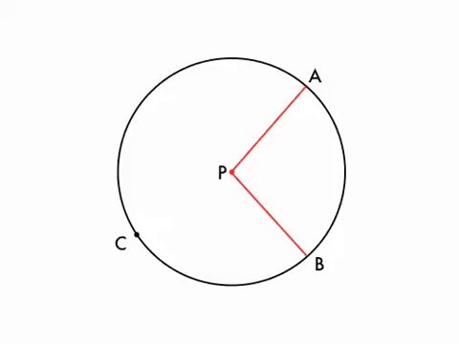If you notice, I have circle P, and then I have a couple of points on the circle, A, B, and C. Notice I have the angle APB. Angle APB would be considered a central angle because point P is the center of that circle.